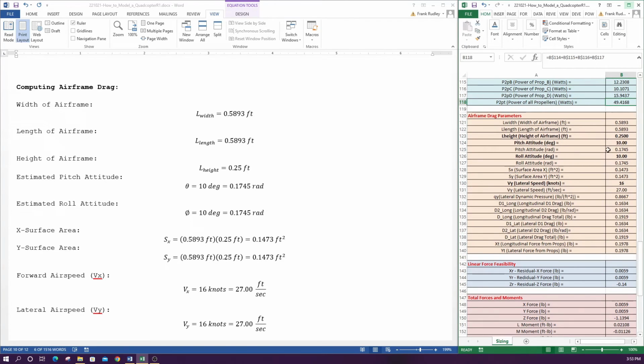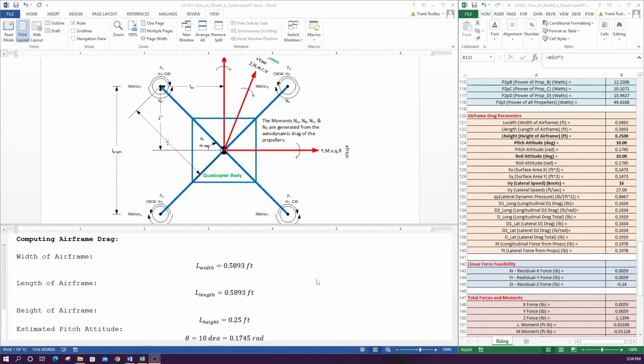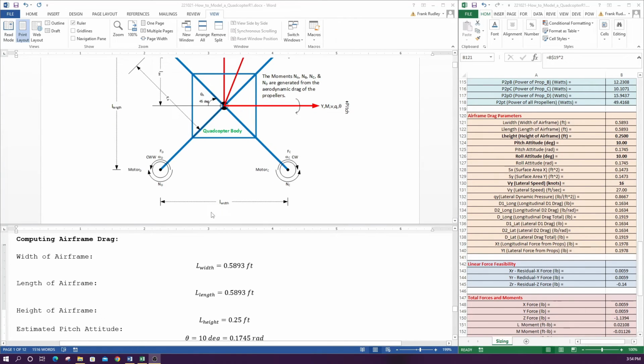These are a result of the radius, so we'll go back and take a quick look at that. This is our length and our width, and these are a function of the geometry, since it's a 5-inch radius.